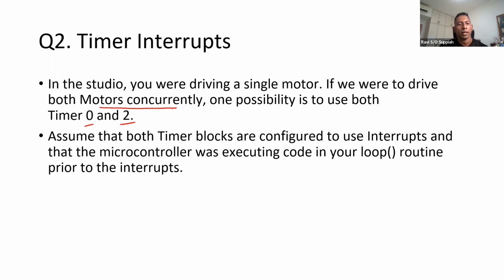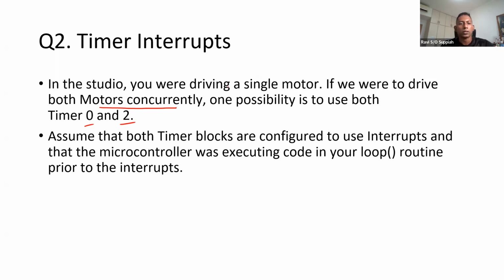From what we saw in the lab, once we configure the module, the module will generate the PWM signal for us to control the motors that are connected to the output pins.